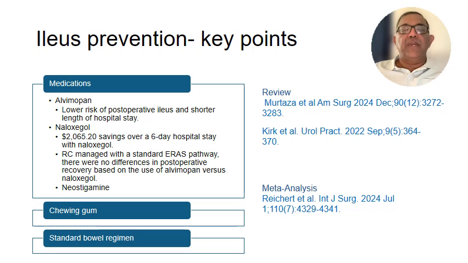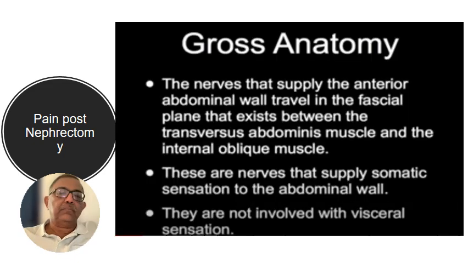One of the most dreaded complications, at least from the patient's perspective, is pain. And pain control is extremely important for a patient to be supportive and helpful in the overall recovery. For pain, obviously we have been using oral and injectable agents.